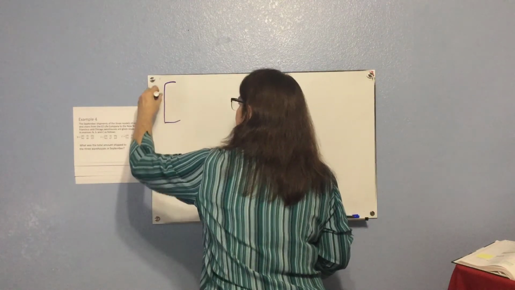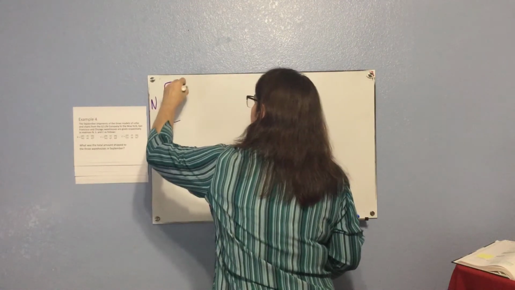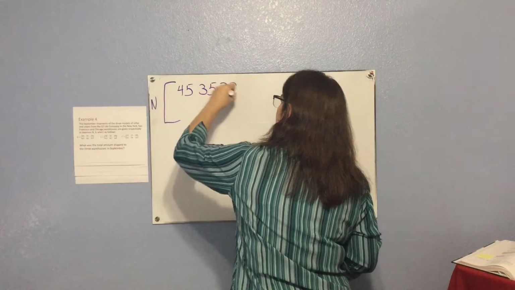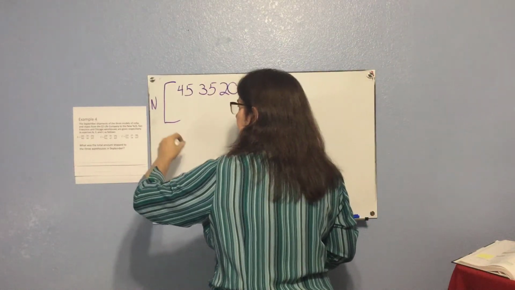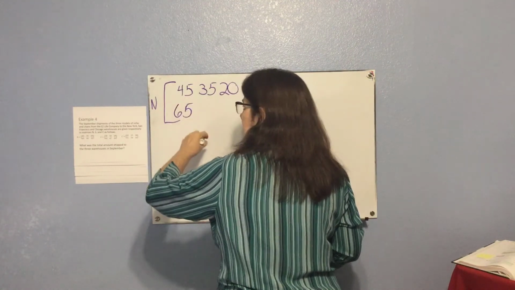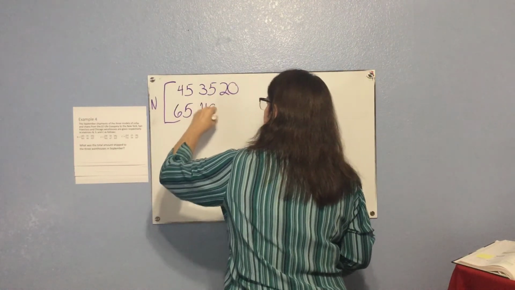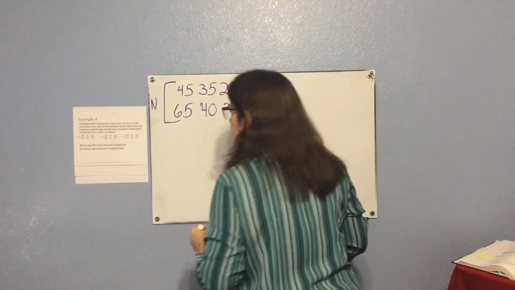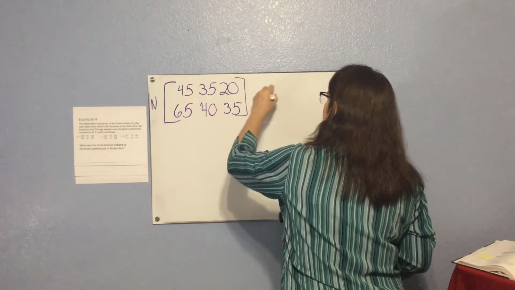So this is matrix N. And in our first example, they sent the same amount to each warehouse, but in this one, they're sending different amounts.